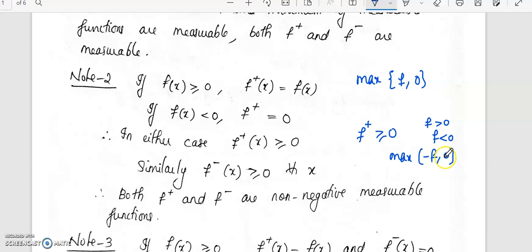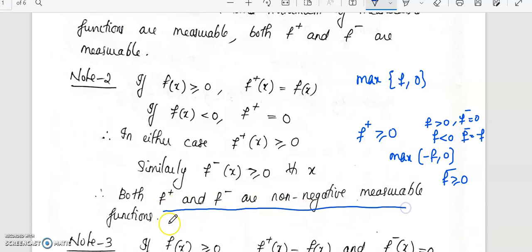In both cases f minus will be greater than or equal to 0. So f minus is 0 when f is greater than 0, and minus f when f is less than 0, for all x.